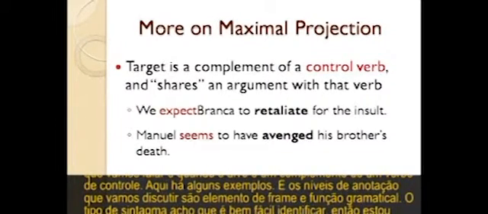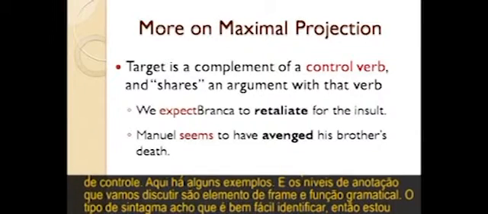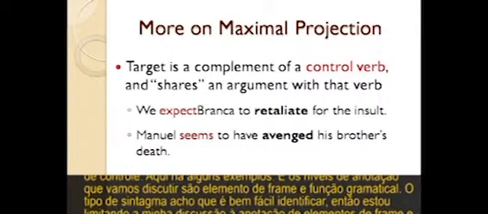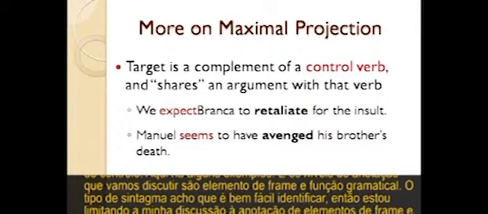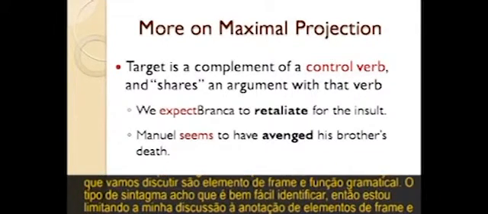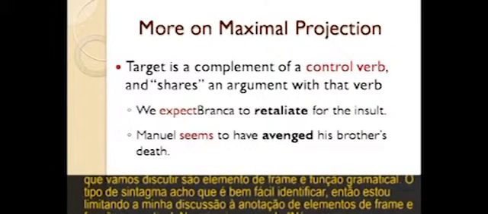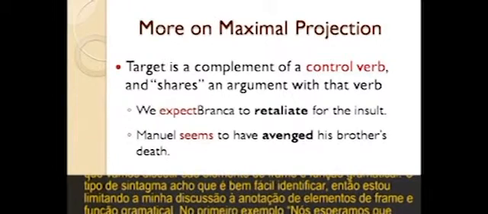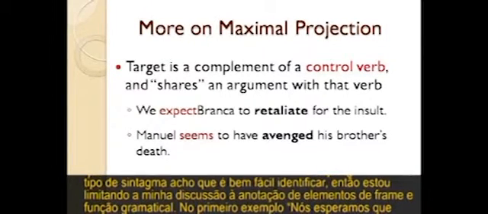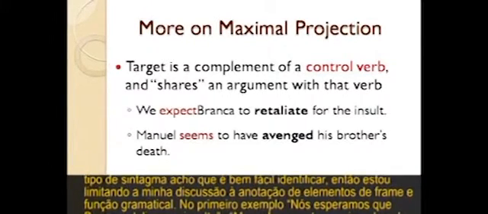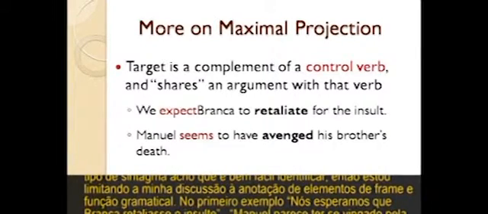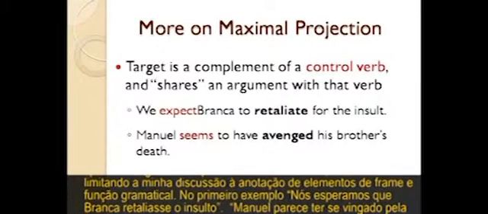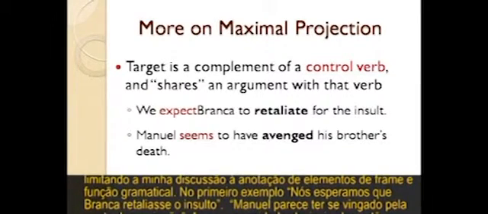So the first one that we'll talk about is when the target is a complement of a control verb. And here are a couple of examples. And the annotation layers that we'll discuss are frame element and grammatical function. Phrase type, I think, is pretty easy to figure out, right?